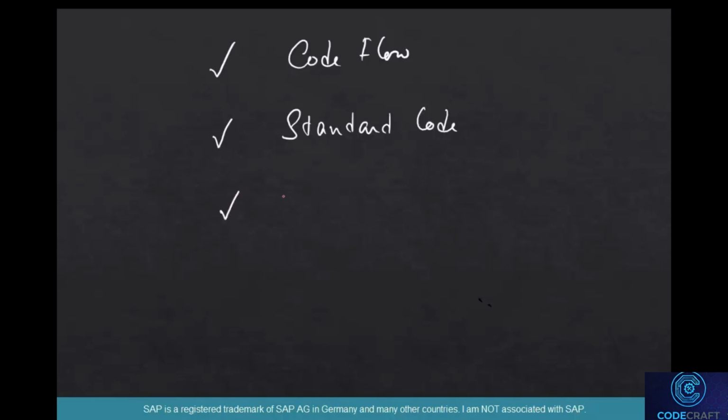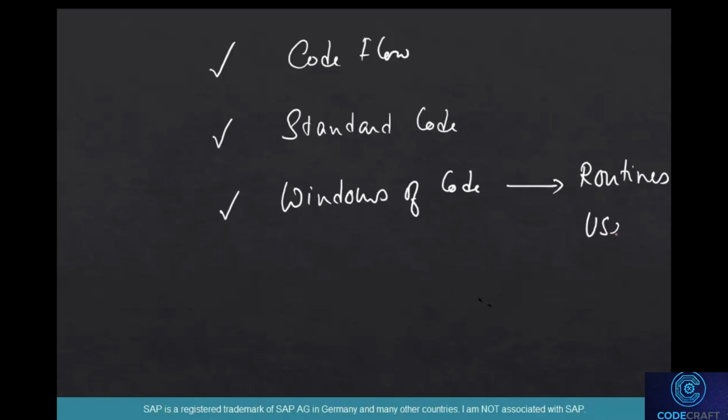And we have also seen windows of code, which are specific pockets that SAP provides for us to be able to customize the way SAP works. And we have seen examples of these, like VOFM routines, user exits, BAdIs, business add-ins, or BTEs, business transaction events.